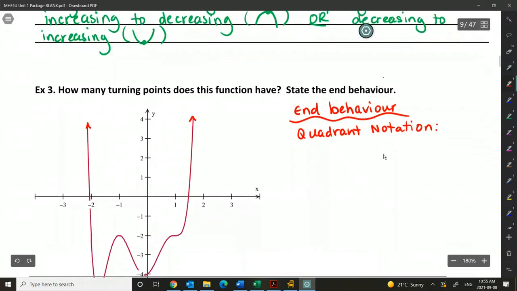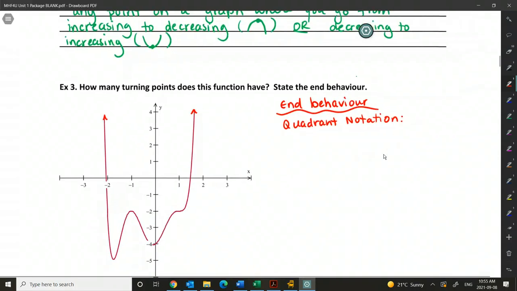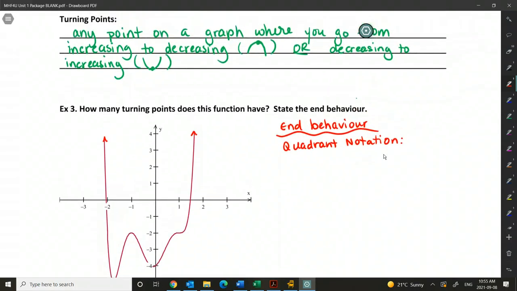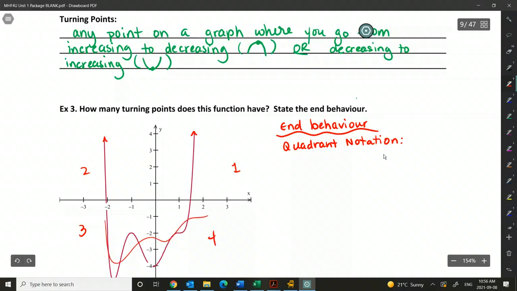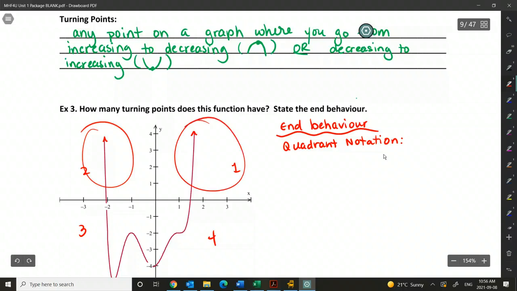Okay. Who can tell me what the end behavior is of this graph in quadrant notation? Carol? 2 to 1, perfect. So if this is quadrant 1, 2, 3, 4, yes, it travels through 3 and 4, I see that, but the left end is in quadrant 2, and the right end ends in quadrant 1.